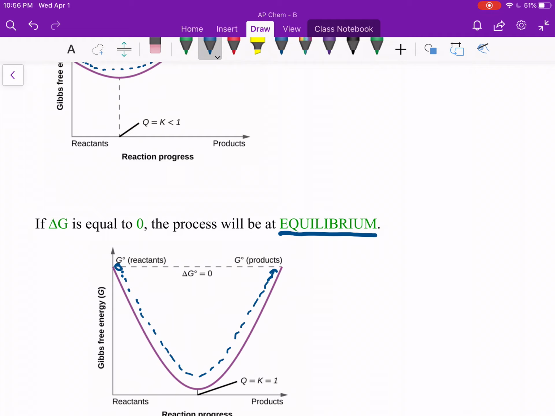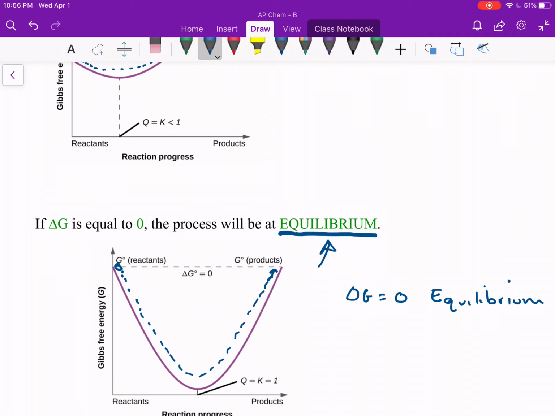We're not gaining or losing anything. At that point it's doing work, but then it's having work done on it back and forth, and we say that process is at equilibrium. So it's really important to remember that when delta G equals 0 for a process, we are at equilibrium.